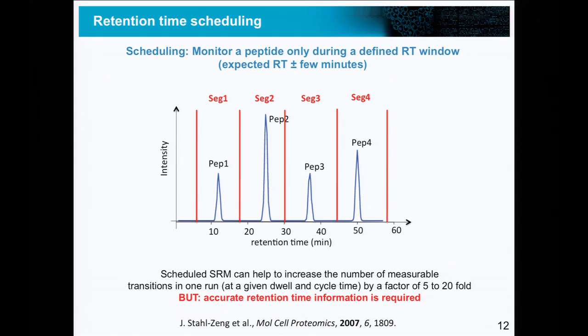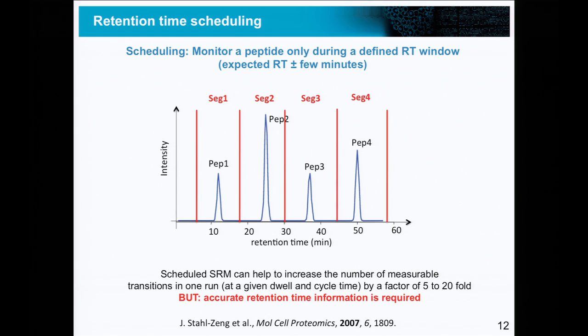So scheduled SRM can help to increase the number of transitions by a factor of 5 to 20-fold. The narrower you make the segments around the peptide, the bigger the positive benefit of such scheduling will be, but the bigger the risk that your peptide might shift out of your specific retention time window completely, and you will end up with no valuable measurement at all.